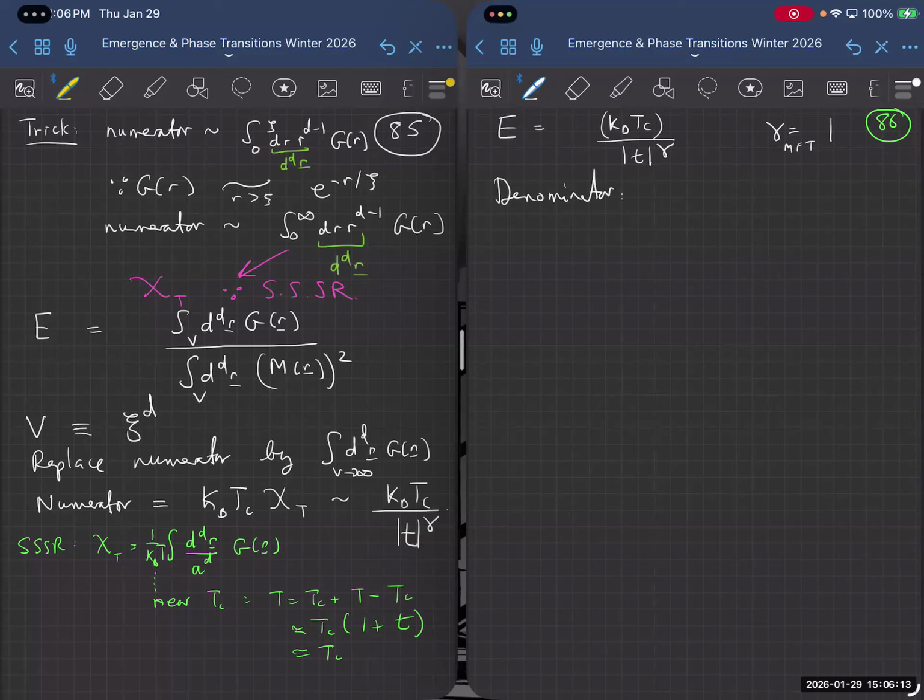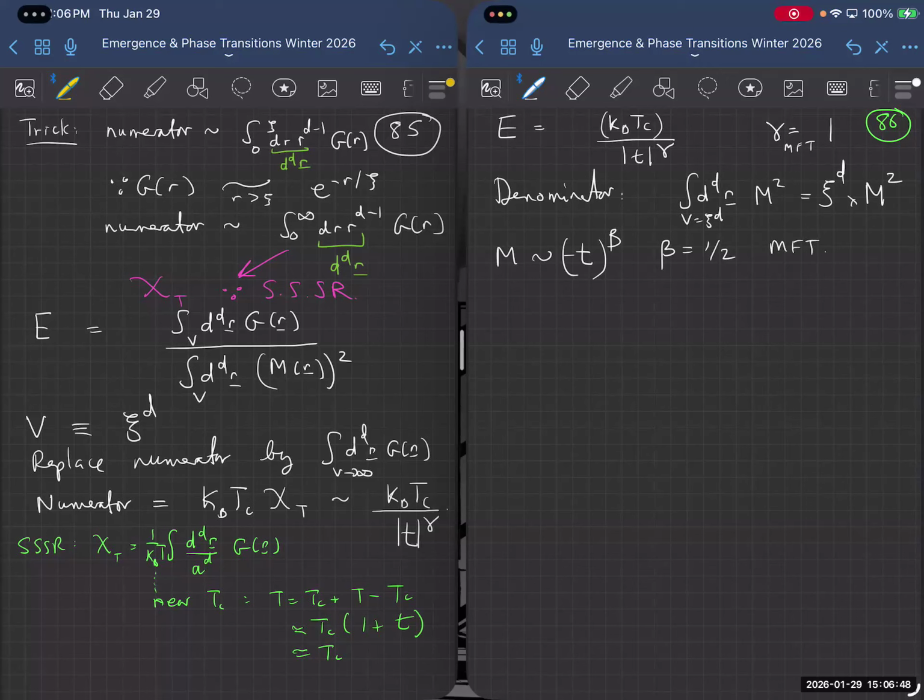So the denominator is the integral d^d r over the volume, which is psi to the d, of m squared, and m we know is just going as t to the beta. So this is equal to psi to the d times m squared, and m goes as minus t to the power beta, where beta is equal to 1/2 in mean field theory.